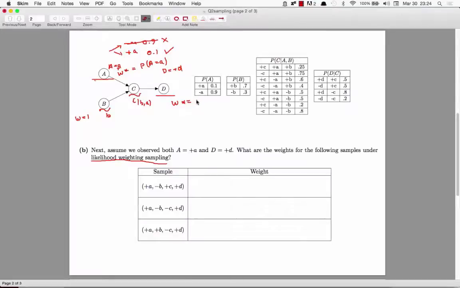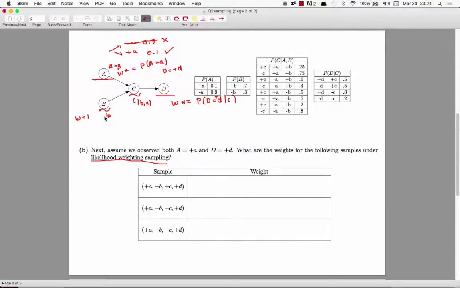So W star, or the factor with which W gets multiplied now, is equal to the probability of the evidence. So it's D equals plus D given the C that we just sampled.